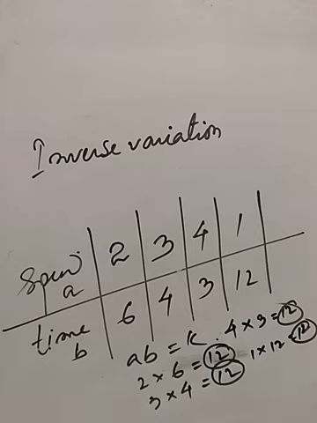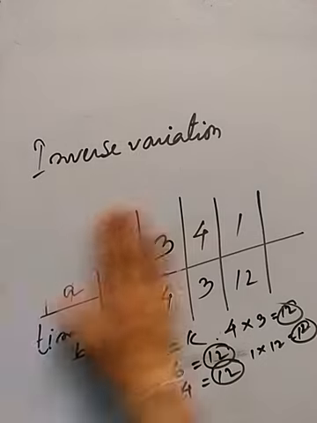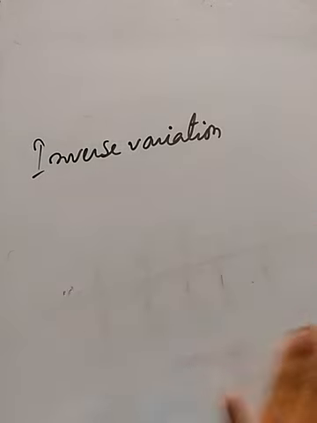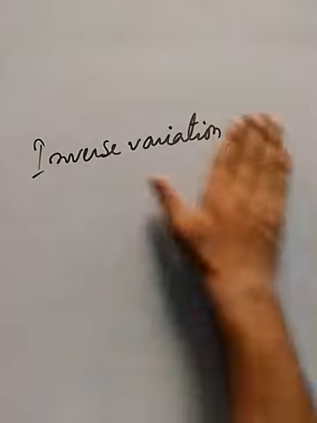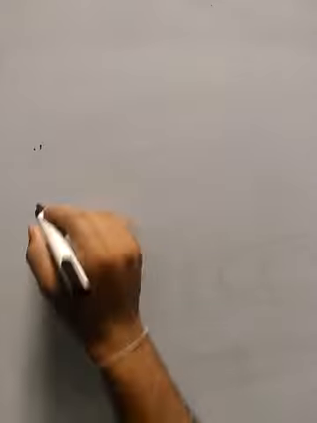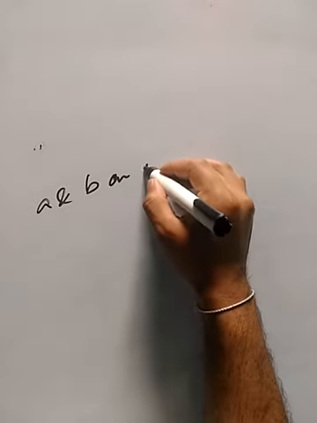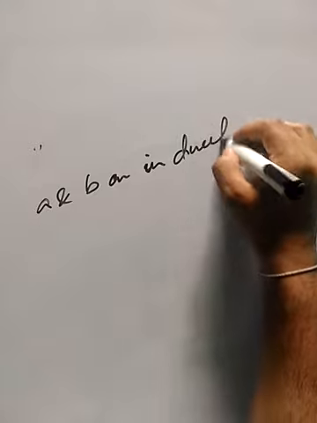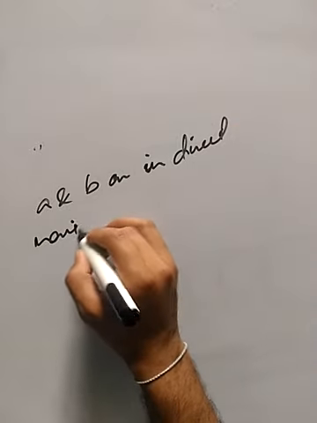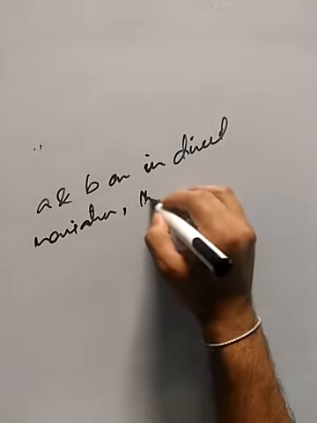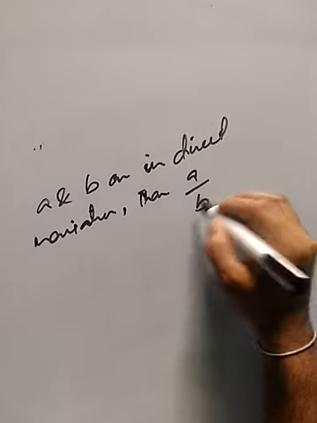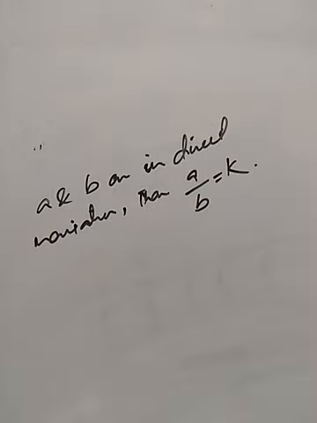Let me just give the conclusion now. We have two types of variation. One is direct variation and the other is inverse variation. If A and B are in direct variation, then A by B is equal to K. That means A by B will be the constant of variation.